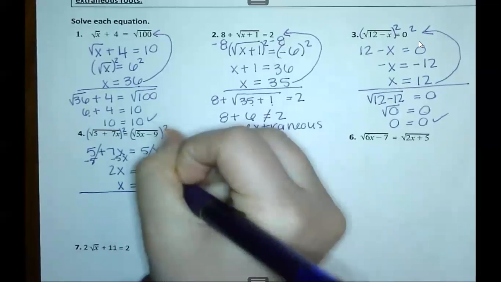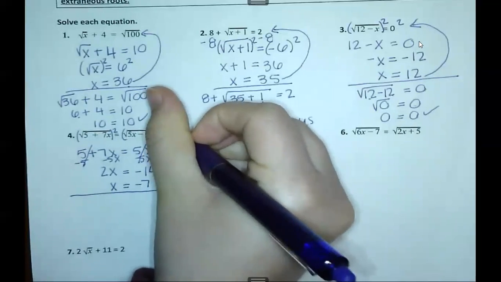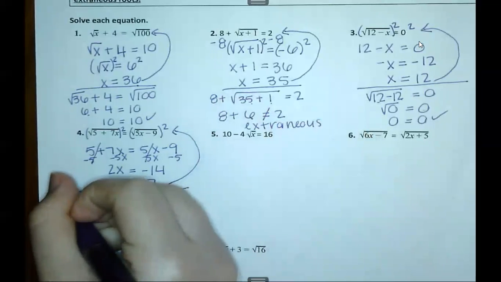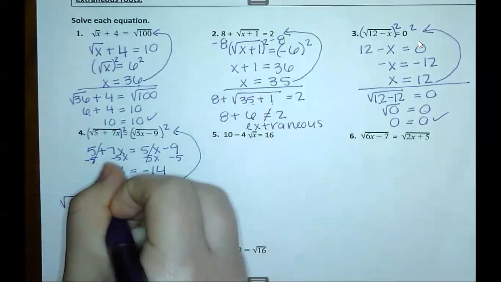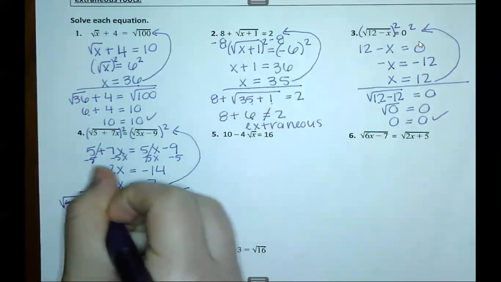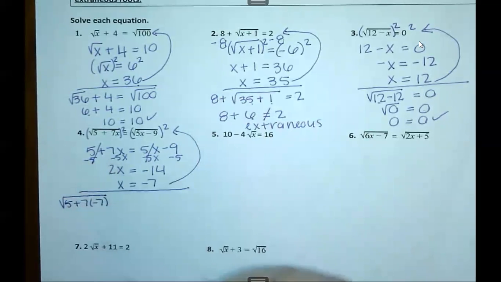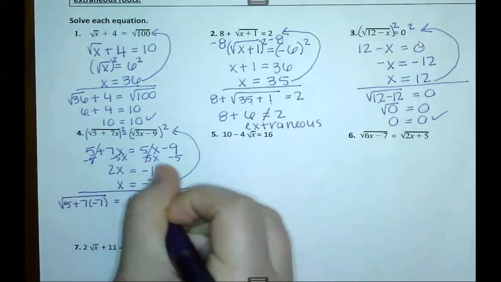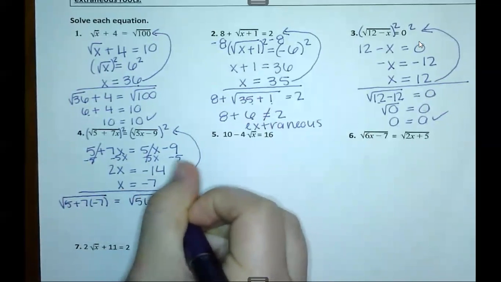All right, now I'm going to plug this into the original and check it. So I would have the square root of 5 plus 7 times -7 equals the square root of 5 times -7 minus 9.